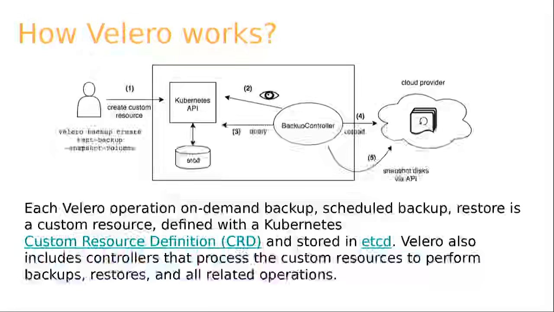For Velero, every operation, which is basically on-demand backup, schedule, and restore, is a custom resource, defined by a custom resource definition, CRDs, and stored in etcd. So Velero also has controllers that process these custom resources and let you back up, restore, and do the related operations.